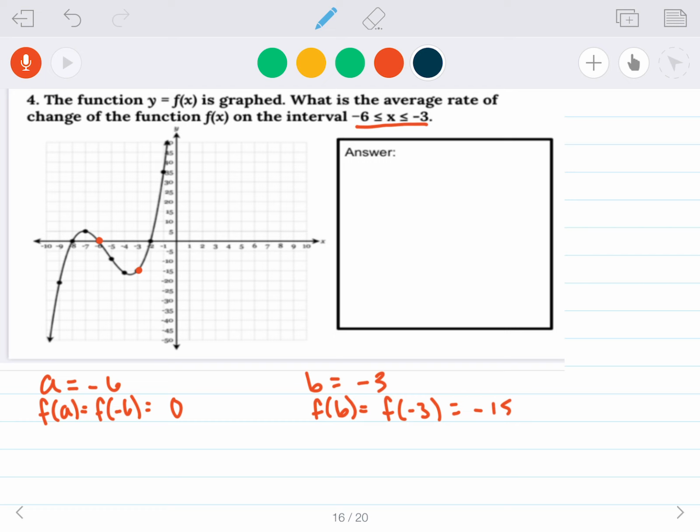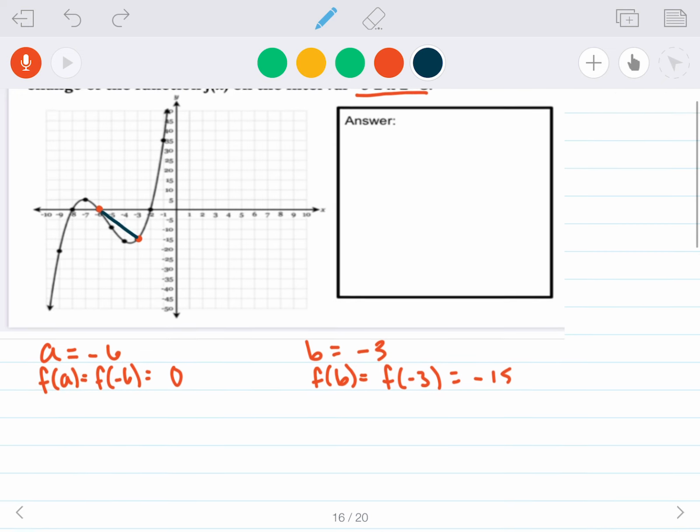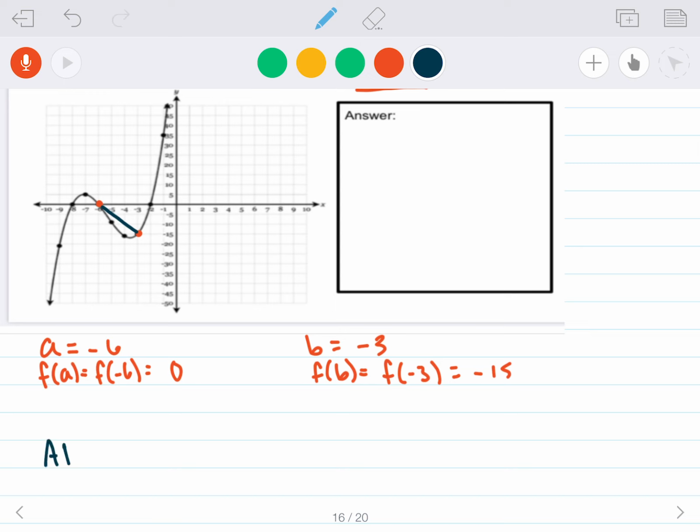And again, when we use that average rate of change formula, we're just trying to measure the steepness of this little line segment right here. Okay, so let's go ahead and use our formula. So the average rate of change is going to be f of B minus f of A over B minus A. Okay, on top we get negative 15. On bottom, these double negatives become a positive. Negative 3 plus 6 is going to give us 3.